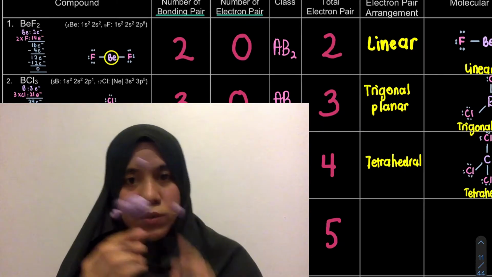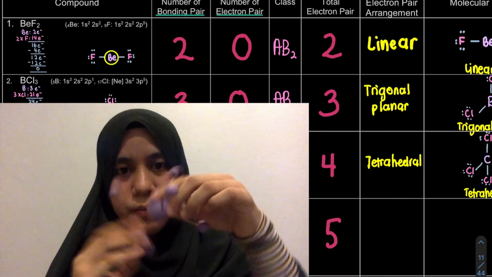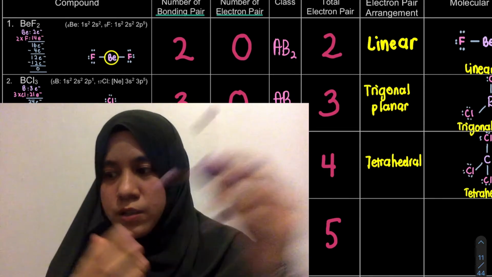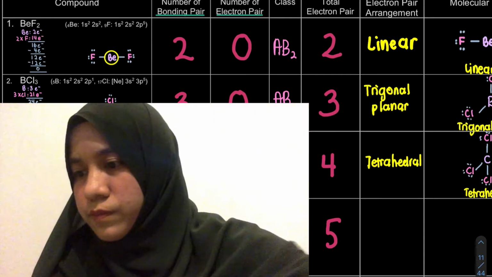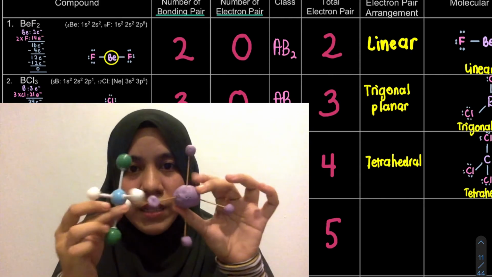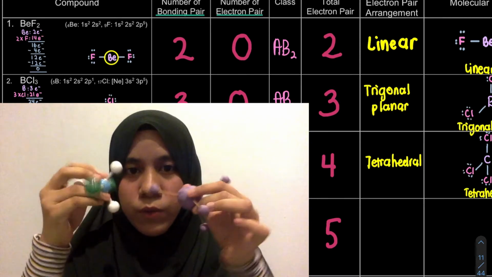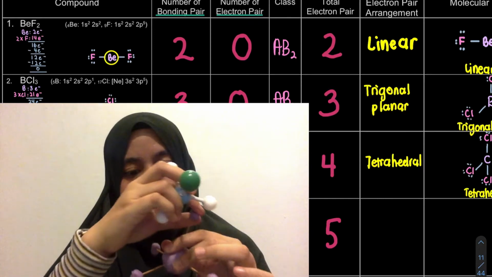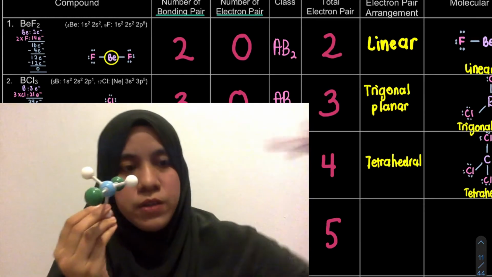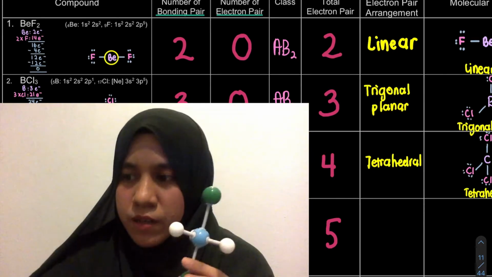So, this is what we call trigonal bipyramidal. Okay, so kenapa trigonal bipyramidal? Ada atas bawah ni, hijau ni. Okay, and then we have the white one ni yang 3 tadi ni. So, this is what we call trigonal bipyramidal.